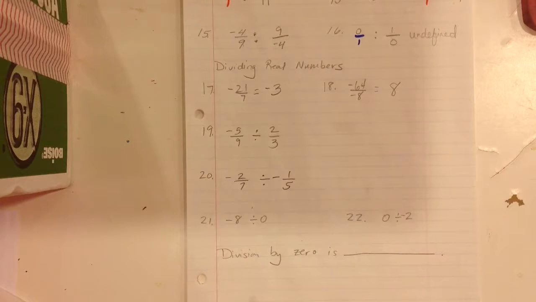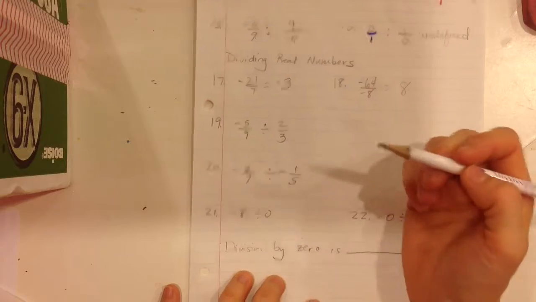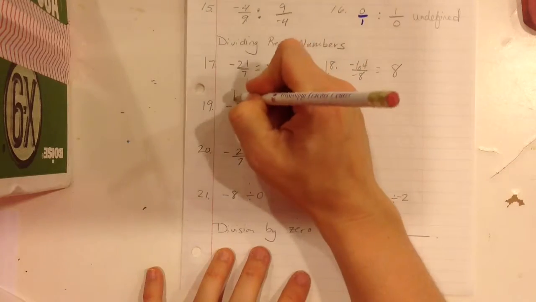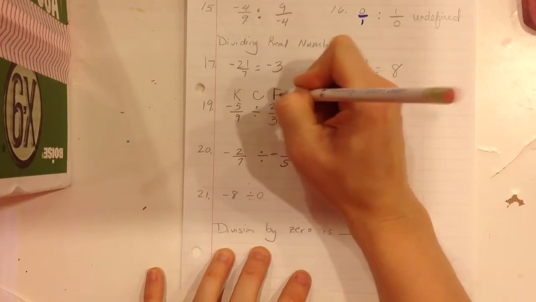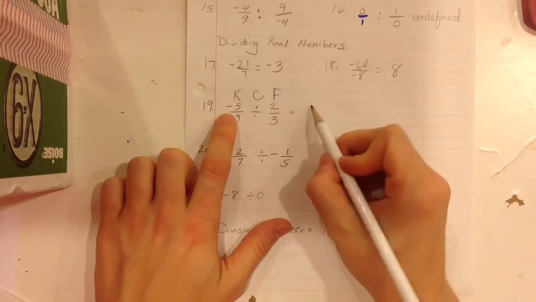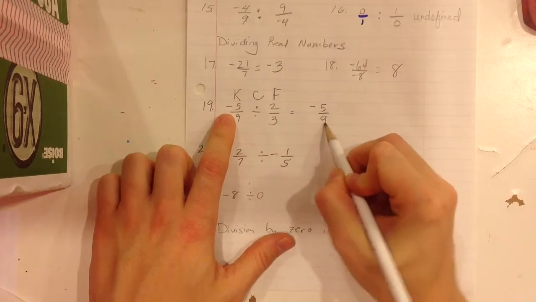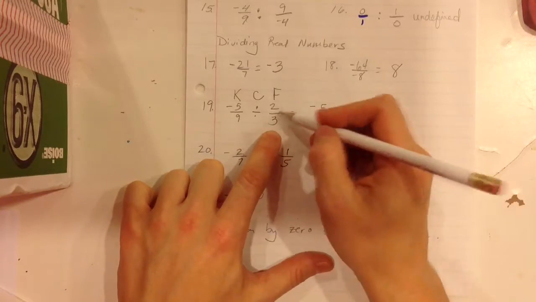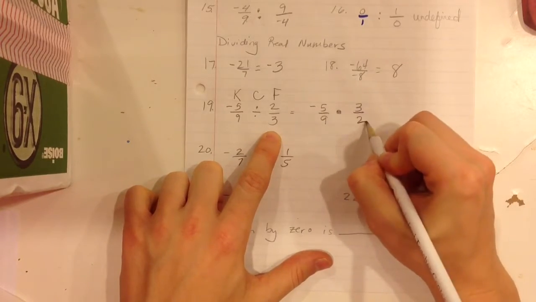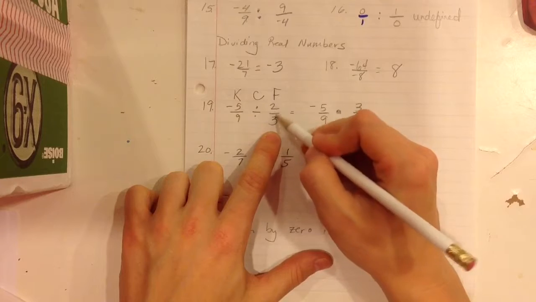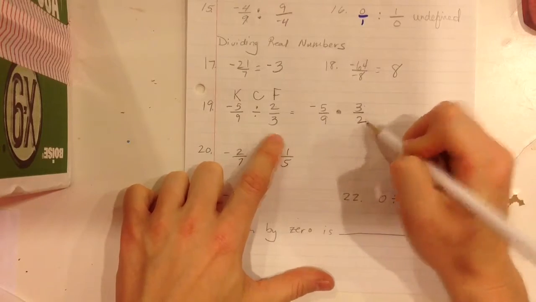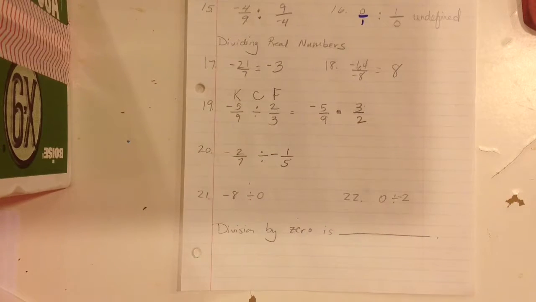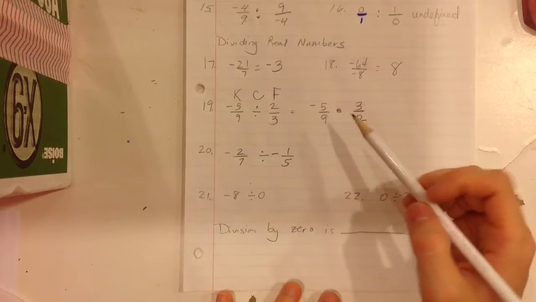Now we get into fractions. And when you're dealing with fractions and division, I have a saying that I like to use. It's called keep it, change it, flip it. I'm going to keep that first fraction exactly the same. I'm going to change my division to multiplication. And I'm going to flip, or do the reciprocal of, the second fraction. So I flipped it, instead of 2 over 3, now it's 3 over 2. Now notice that I don't have division anymore. I'm multiplying fractions. So we're going to do the same thing that we did when we multiplied fractions.